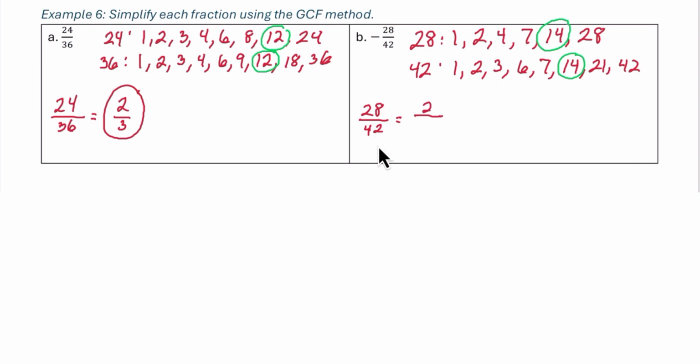And 42 divided by 14 is 3. So we get 2/3. And now we just want to make sure that we have the negative part. So negative 28 over 42 is negative 2/3 as a simplified or reduced fraction.